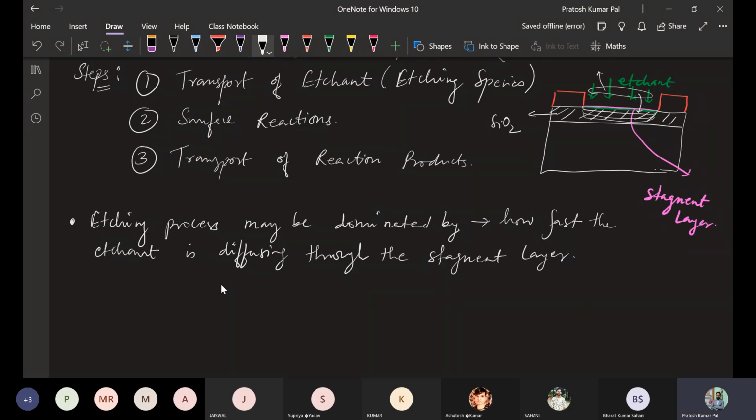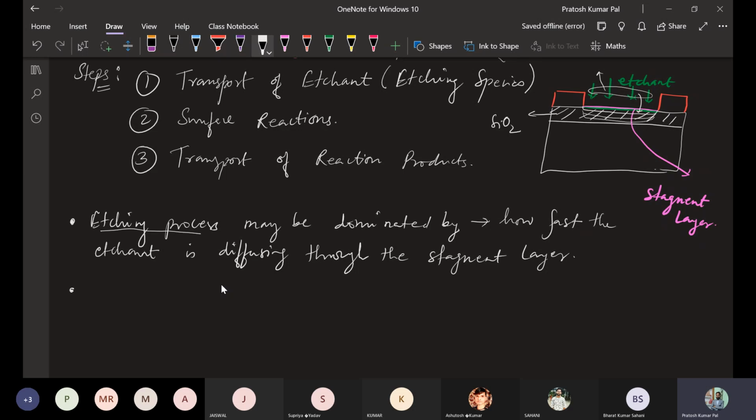The etching process will basically be governed by how fast the etchant reaches the substrate, which is immersed in the chemical. Okay, so the etchant is all over the substrate, but it is not able to reach the deeper layer of this SiO2. So how fast this etchant is going to diffuse to reach the deeper layer of the SiO2, that will basically govern the etching process.